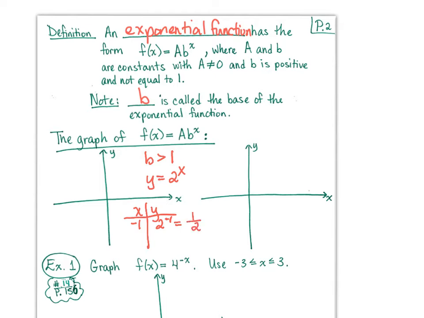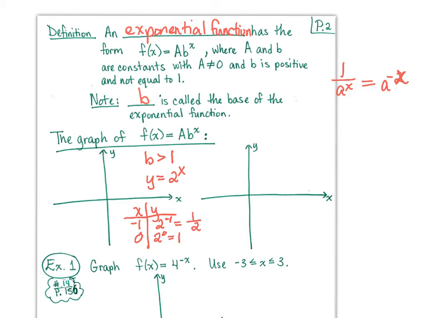We're using the rule that said that 1 over a to the x is the same thing as a to the negative x. Okay, when x is 0, y is 2 to the 0, which is what? 1. Good.